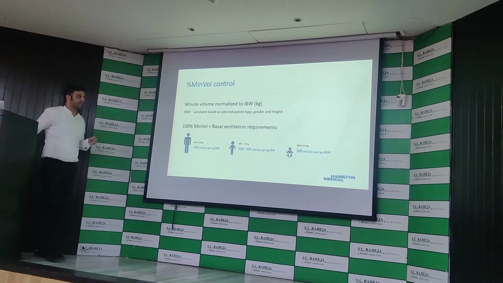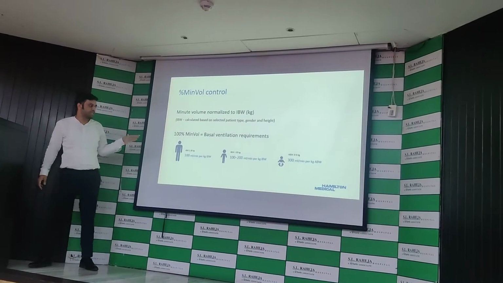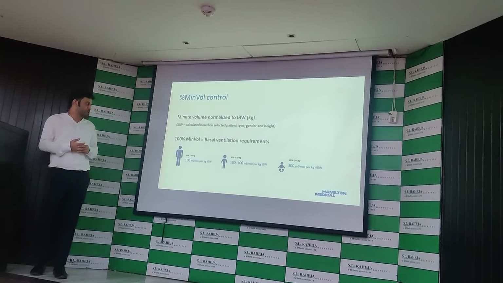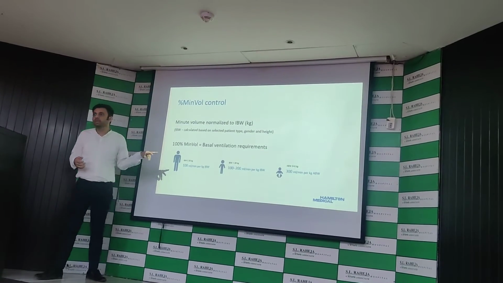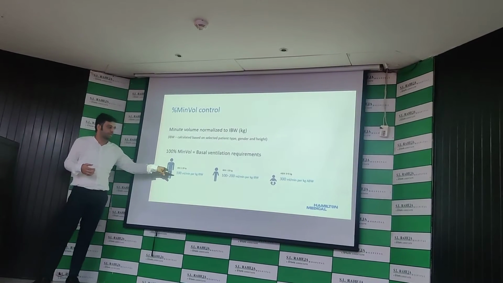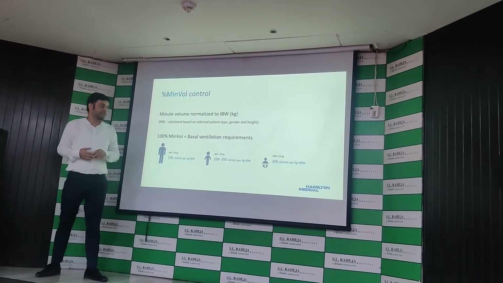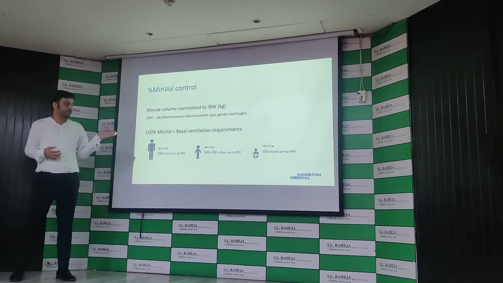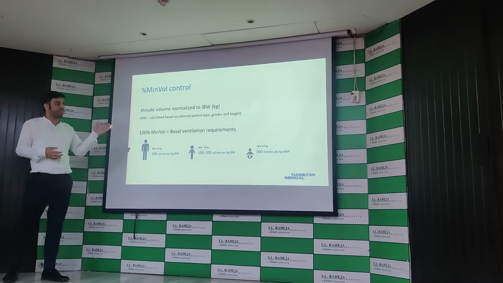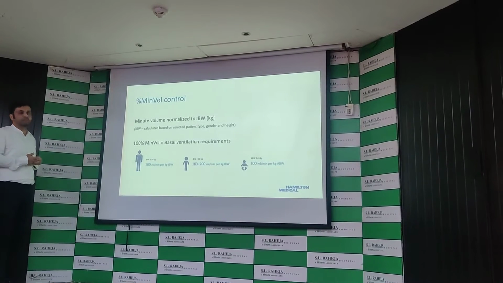As said, in terms of adult, pediatric and neonatal patients, mostly in adults we set 100 ml per minute per kg of the ideal body weight. If the ideal body weight is more than 30 kgs, we usually take 100 ml. Similarly, for an ideal body weight of less than 30 kgs, we can take between 100 to 200 ml per minute per kg of the ideal body weight, and for neonates we can consider 300 ml per minute per kg of the ideal body weight.